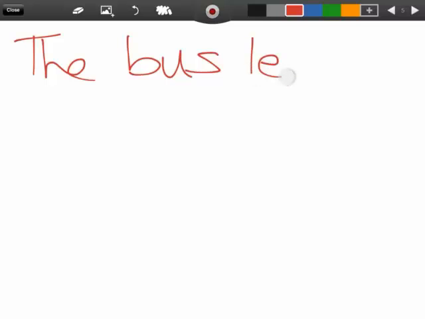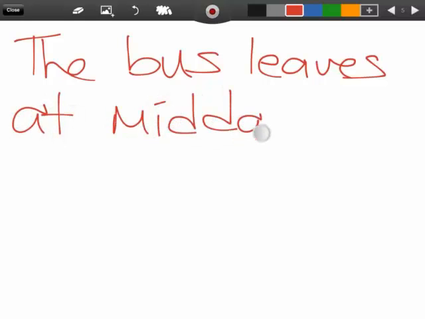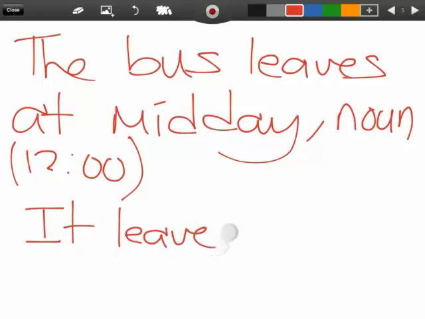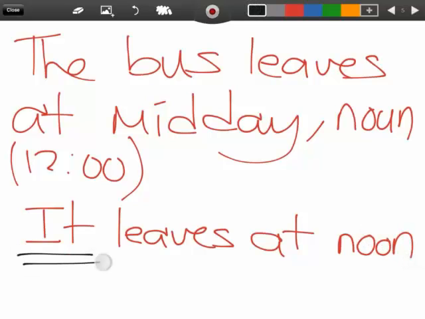Instead of saying the bus leaves at midday or noon, which is 12 o'clock, we could say it leaves at noon. We could also use pronouns, and it here being the bus.